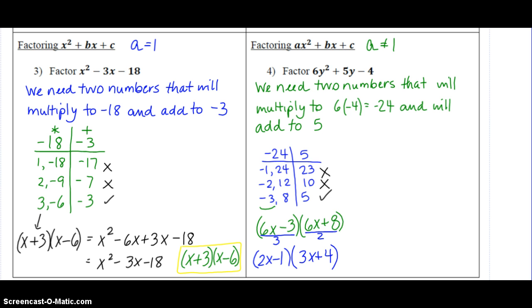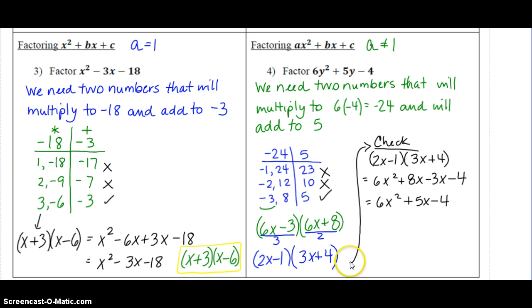To check ourselves, we multiply it back out. Once we FOIL those out, we see that our result, oh, you know what I just realized? These should not be x's, these should be y's. So I apologize for the x's everywhere that we should have y's. Anyhow, we can see that we multiply it back out and we end up with the same expression with which we started.